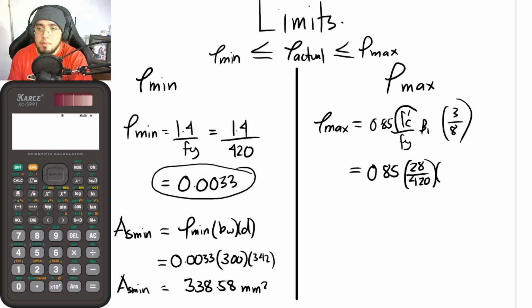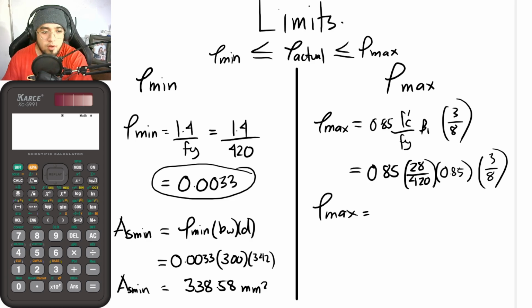Since our f'c is 28, beta 1 is 0.85. Times 3/8. So our rho max here is now equal to 0.018.